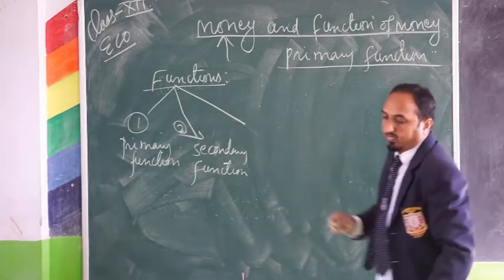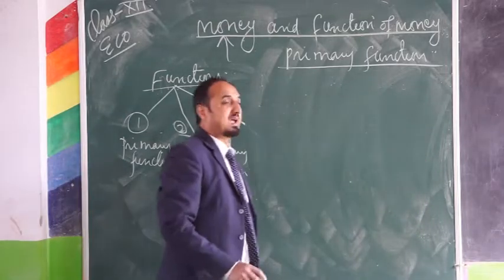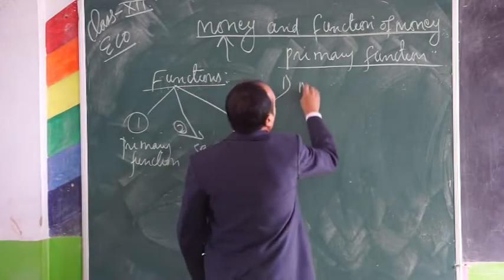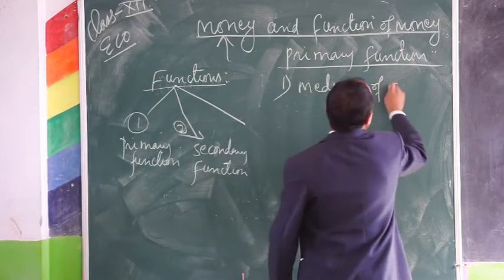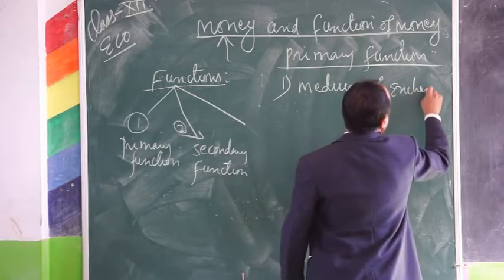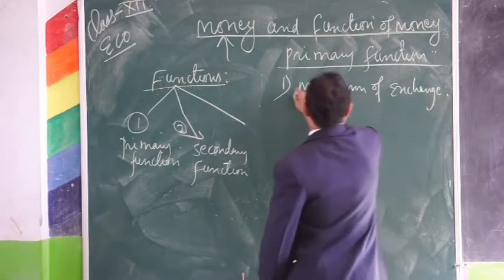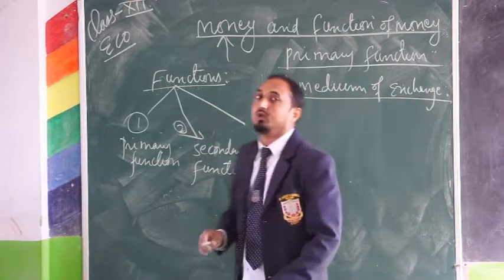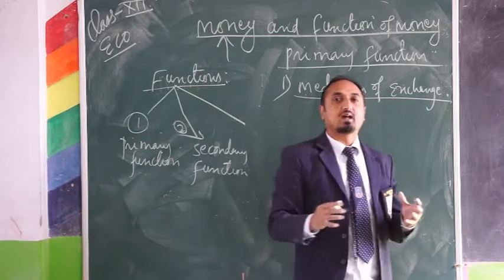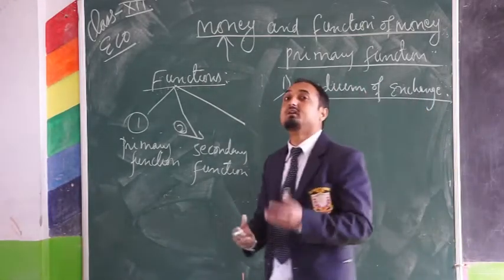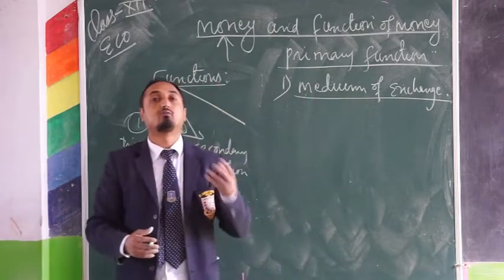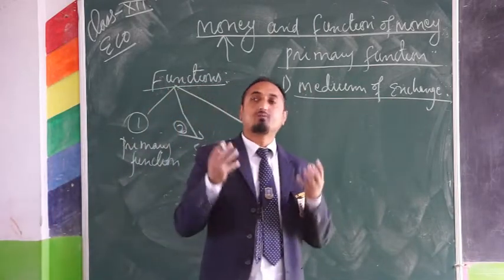So the first primary function we have is medium of exchange. In the definition we have mentioned that money acts as a medium of exchange, store of value, and measure of account.